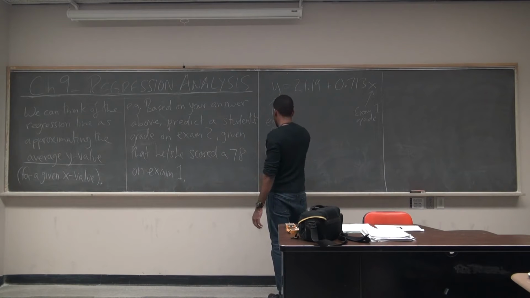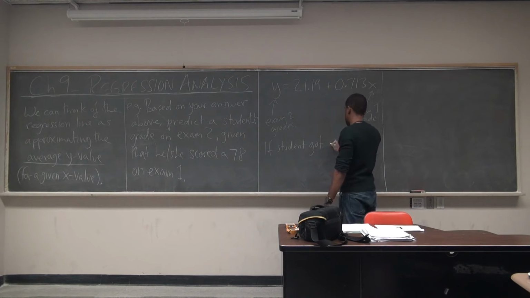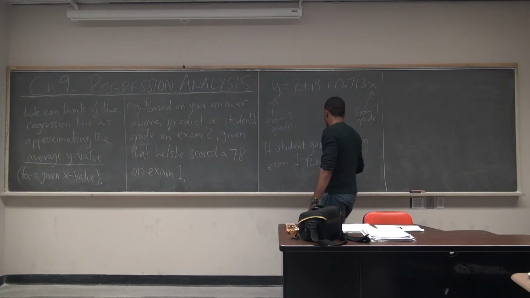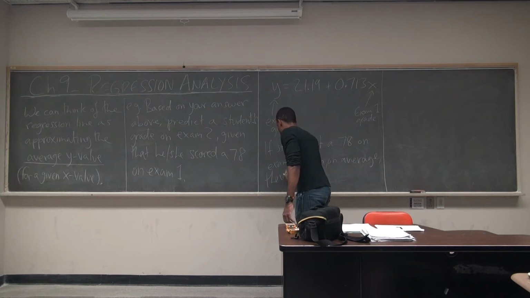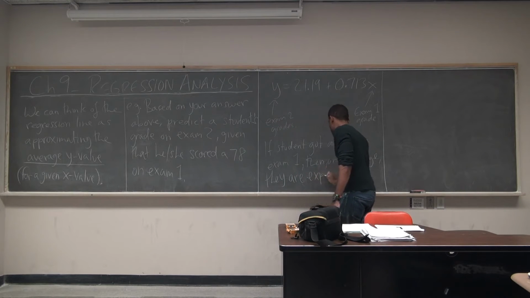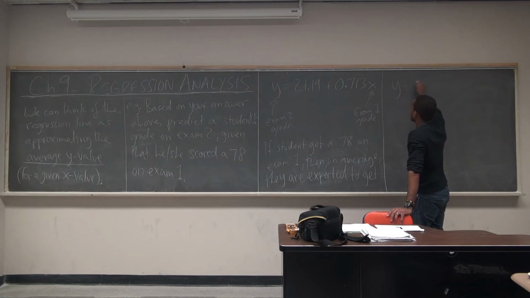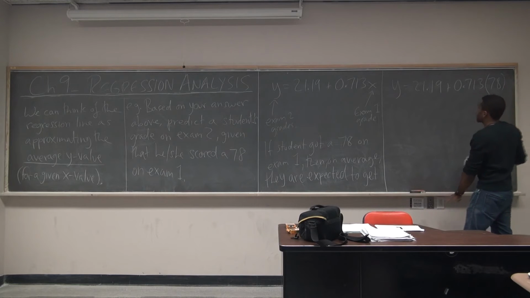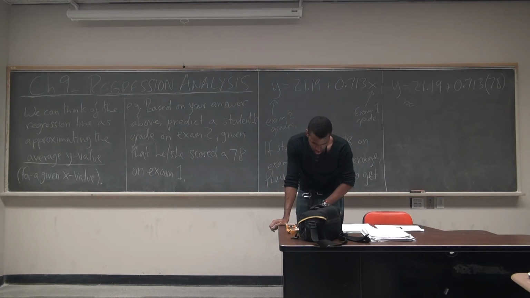So here, if a student got a 78 on exam 1, then on average, they are expected to get y equals 21.19 plus 0.713 times 78, which was actually 76.804.